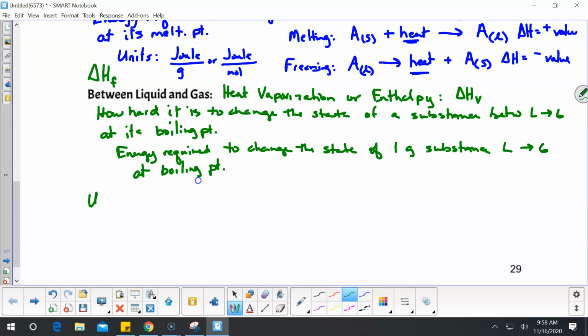Same units for it. It is going to be how many joules per gram, or joules per mole.